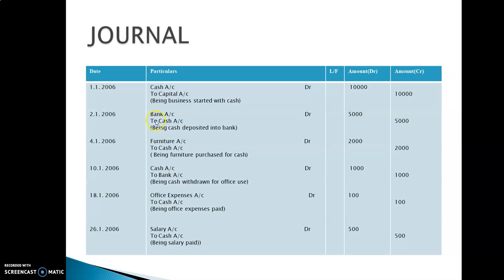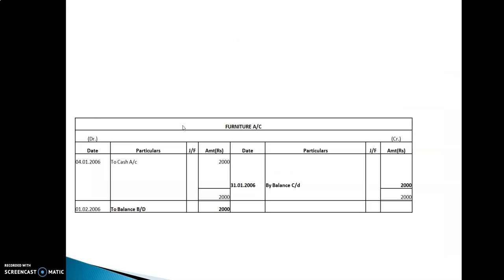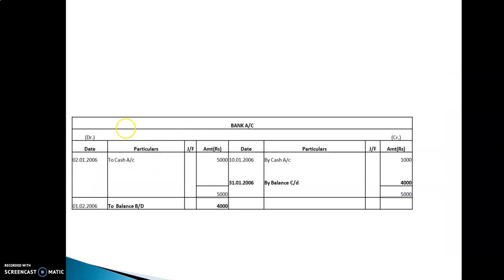We'll start with the first one. So we're preparing bank account, we cannot write bank inside. So from the 2nd January, which account is left? Cash account. Here in journal, cash is on credit. So in ledger, cash will be on debit. 2nd January, to cash account.